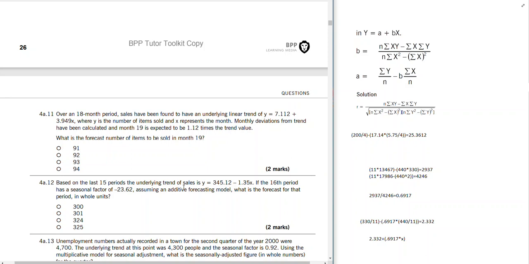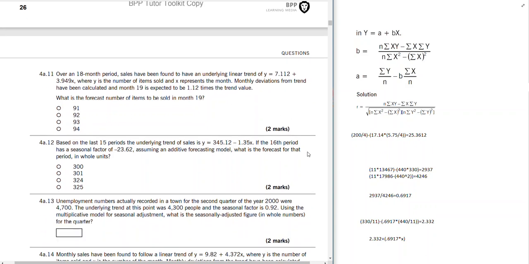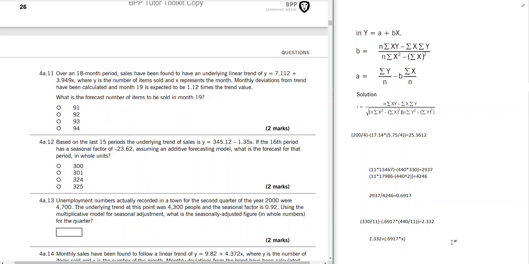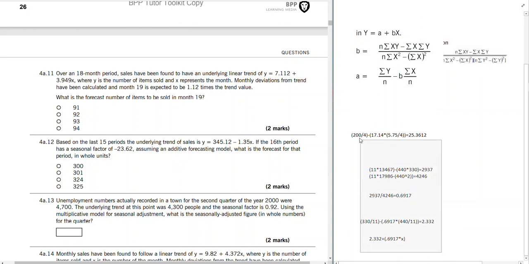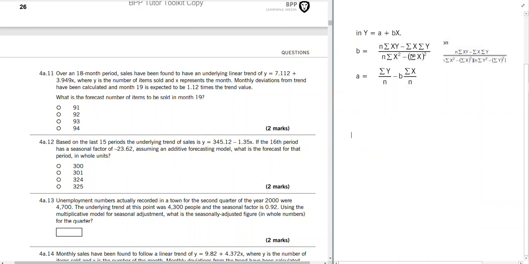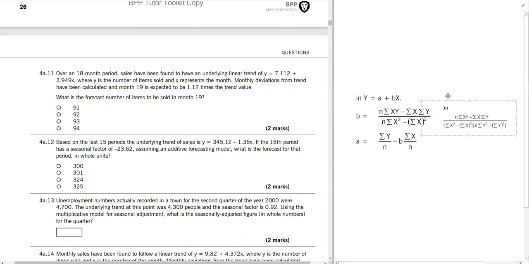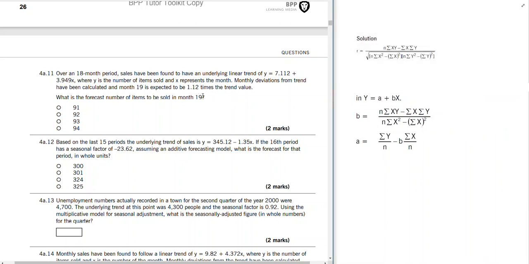Monthly deviation has been calculated, and month 19 is expected to be 1.12 times the trend value. So this is time series, and we are using a multiplicative model, because the variation is given in times. If it were an additive model, it would be given as plus or minus.